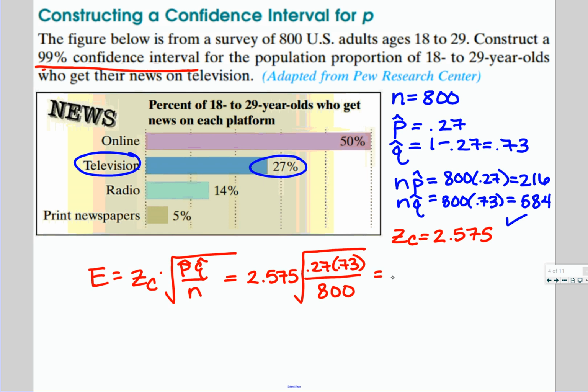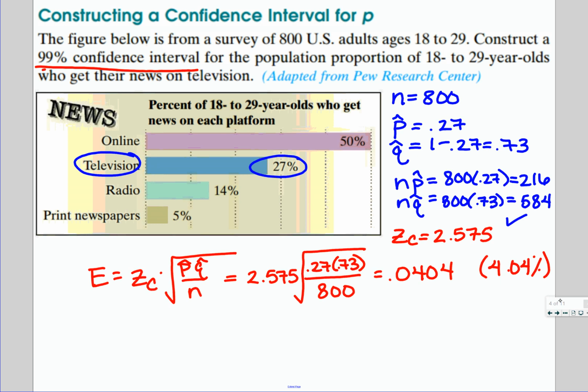And I'm going to give it 4 decimal places because what we're getting here is an error on a percentage. So you can think of this as 4.04% instead of just a flat 4%. So that's our margin of error.